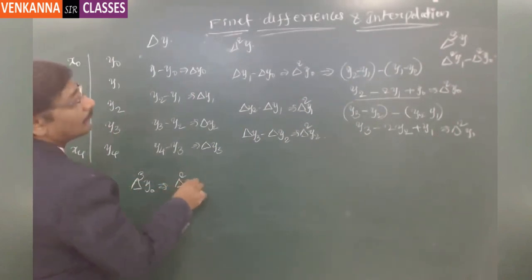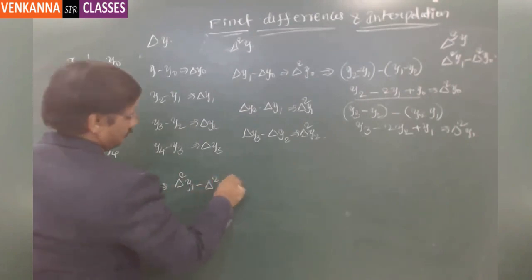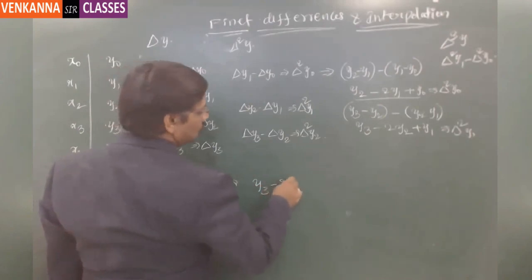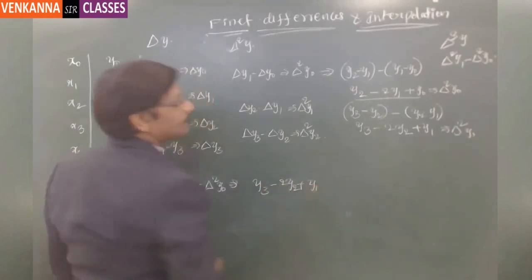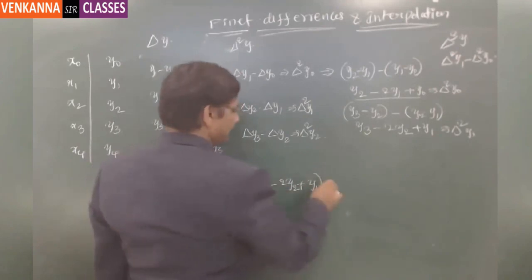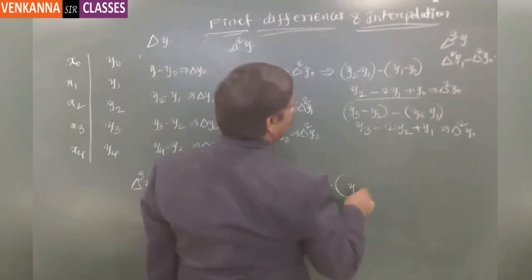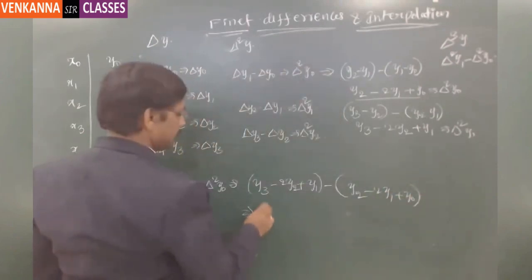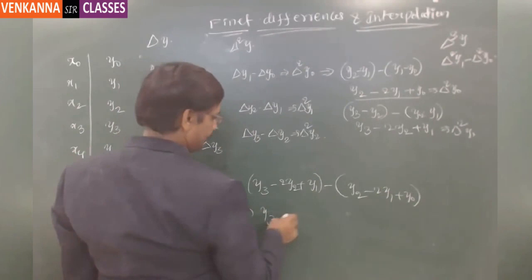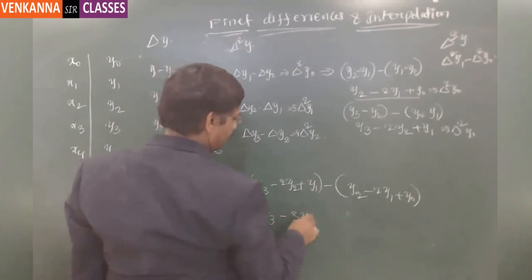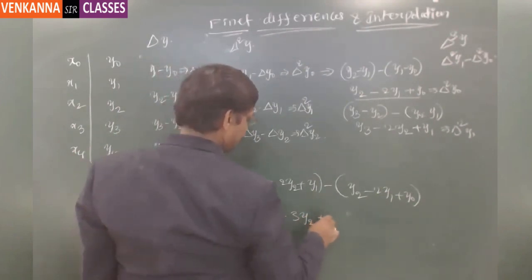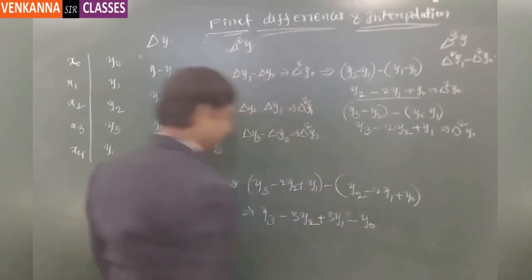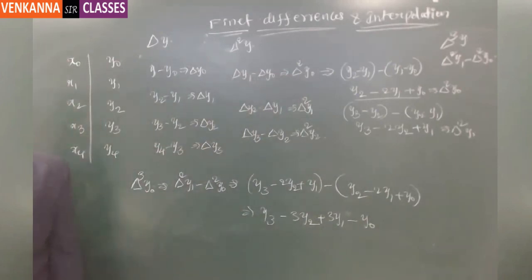Delta square y1 is y3 minus 2y2 plus y1, minus y2 minus 2y1 plus y0. So this is y3 minus 3y2 plus 3y1 minus y0. This is how you get the values here.